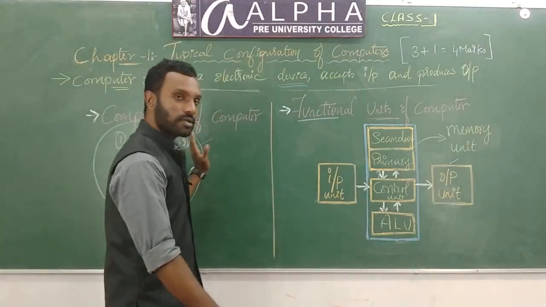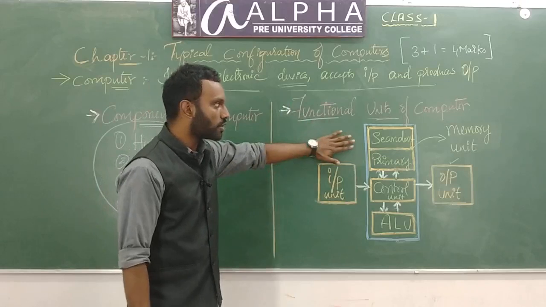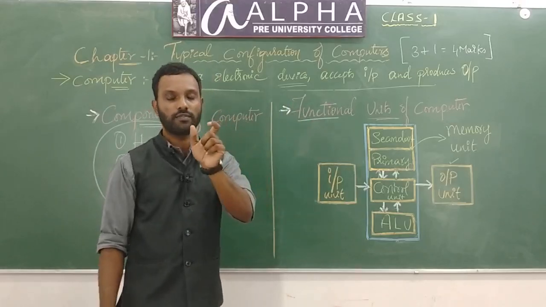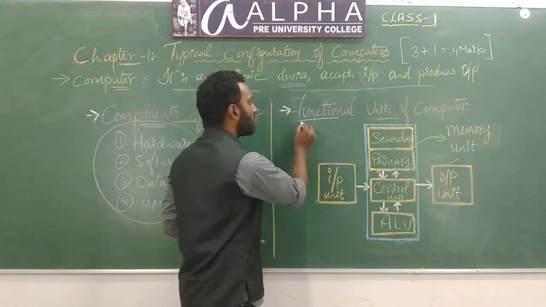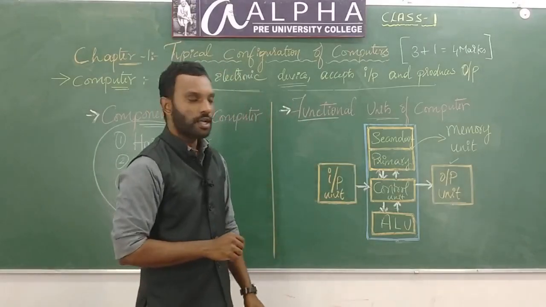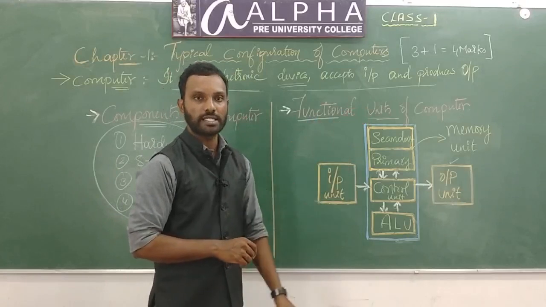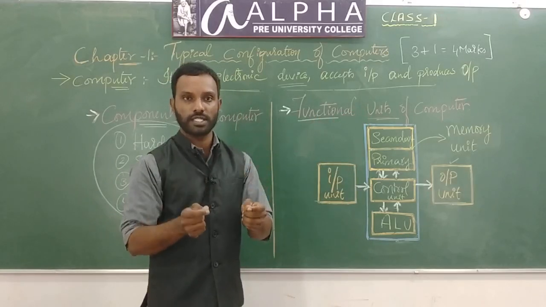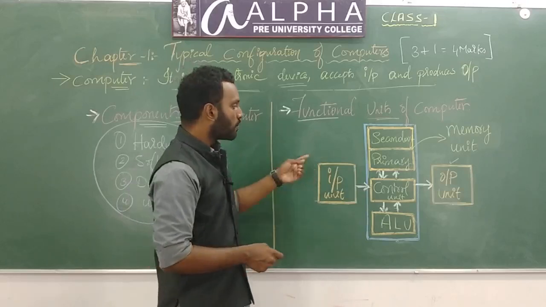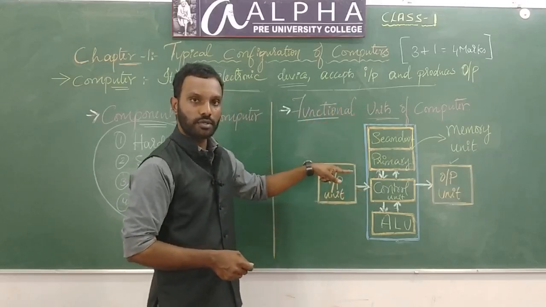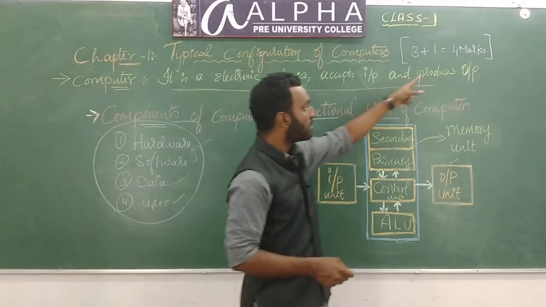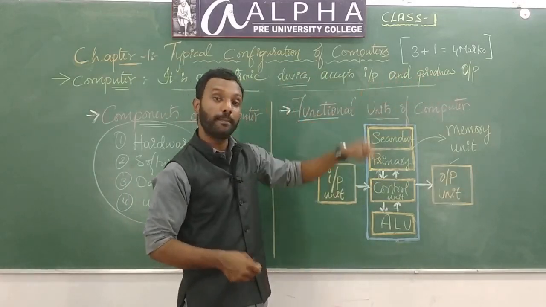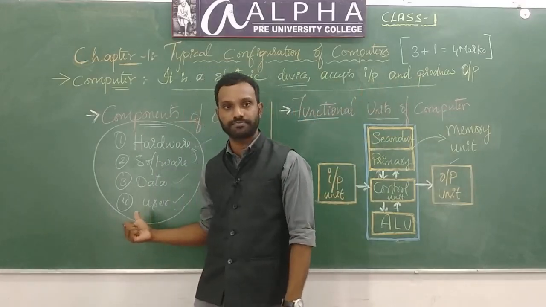These concepts are explained using functional units of computers. The word work, we call it functioning or function. So functional units of computer define what are the units or components which help to make a particular computer work and produce the output based on the input given by the user.